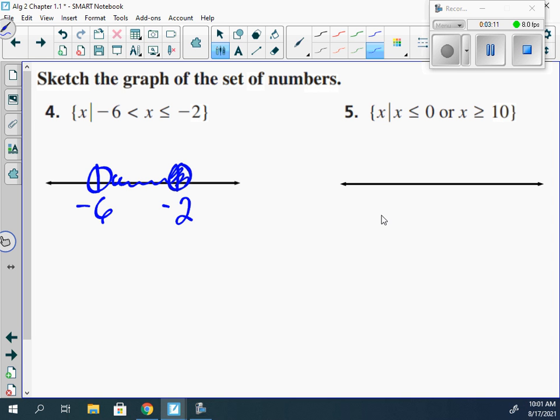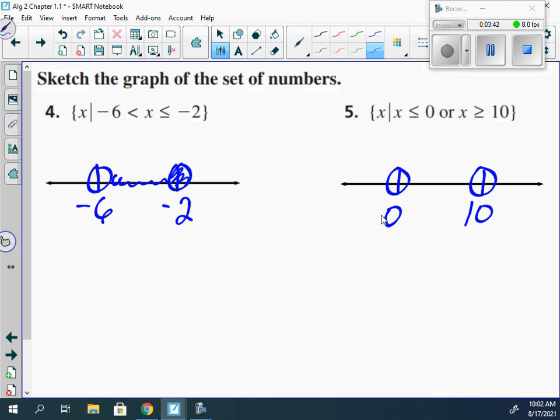For all real values x, such that x is less than or equal to 0, or x is greater than or equal to 10. Well, our two points are 0 and 10. And we know 0 has to go on the left, 10 is on the right, because 0 is smaller than 10. Now we will have two circles at both of these.